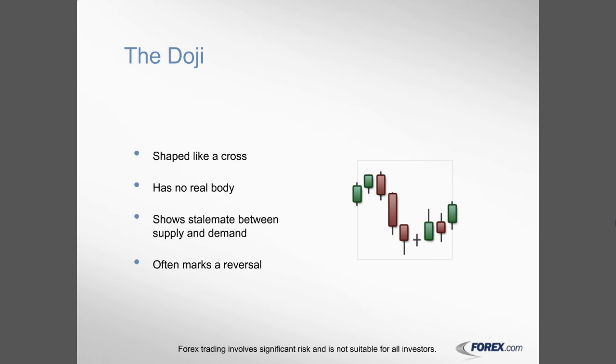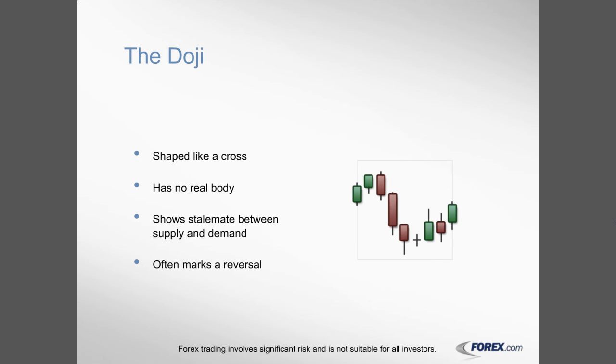Now there are a lot more candlestick formations out there. I do recommend everyone get some kind of candlestick book for their trading library. This will make it a little bit easier as you study. Of course, I'm going to give you some of the most common ones that we do see in the market all the time. And what we're going to start with is our doji candlestick.